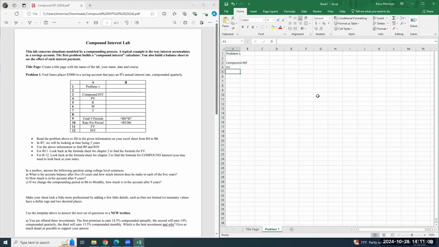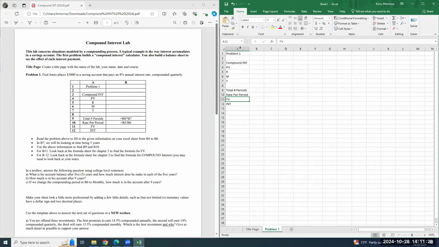We have PV, we have PMT, we have total number of periods, we have your rate per period, we have FV and INT. Now notice that these are being cut off, so we might want to expand these either manually or if you double click, it will do it for us.